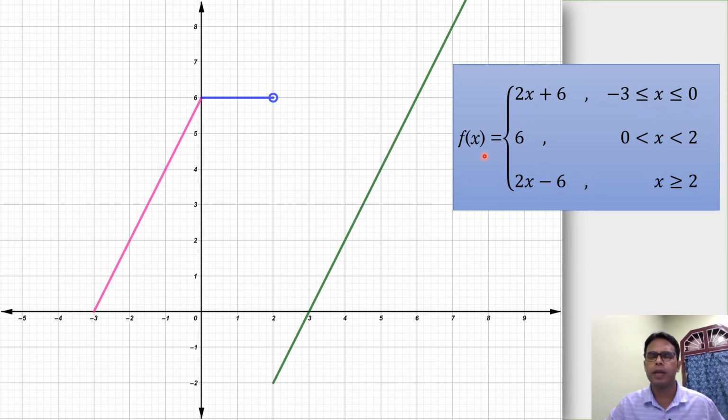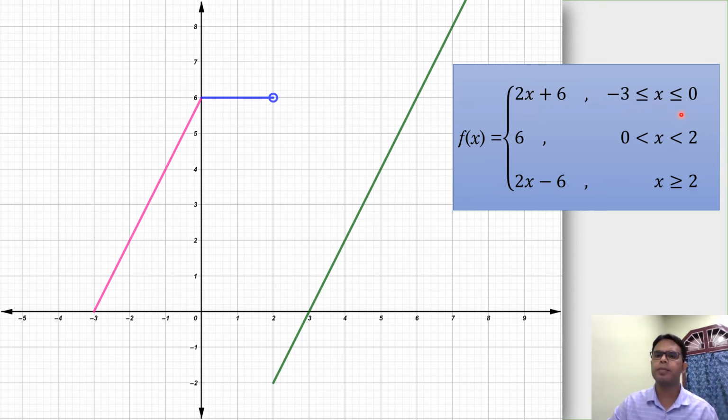So f(x) equal to 2x plus 6 is a linear polynomial. Linear polynomial means the power of x is 1 only, so it will be a straight line. You know that for a linear polynomial the graph will always be a straight line.